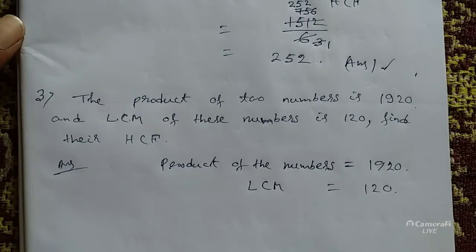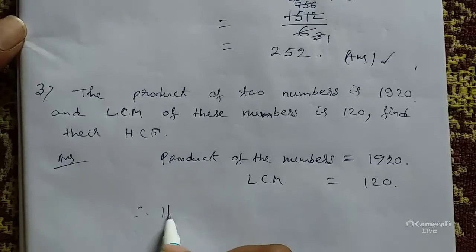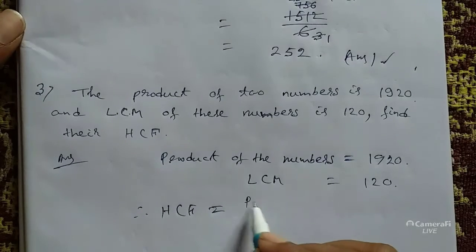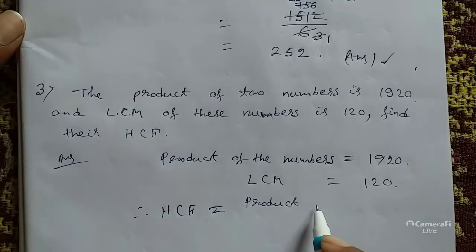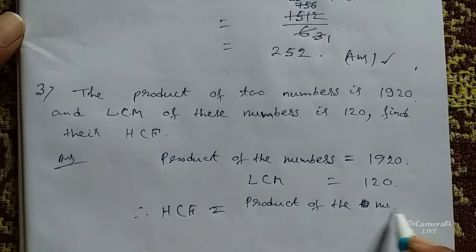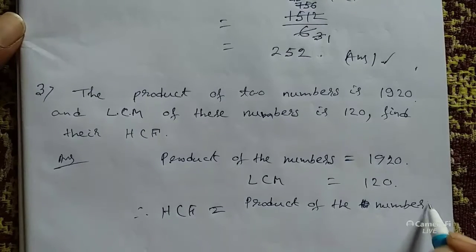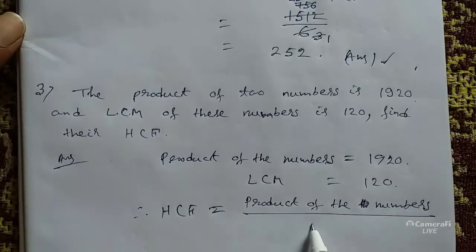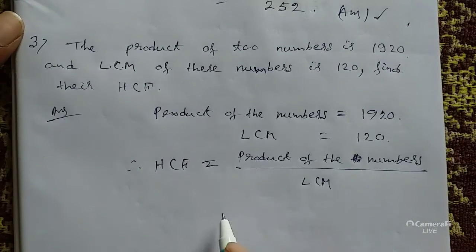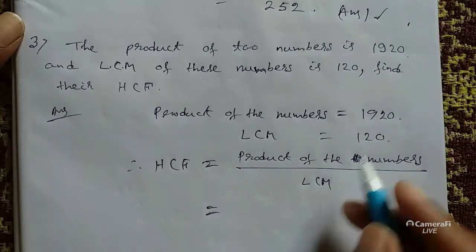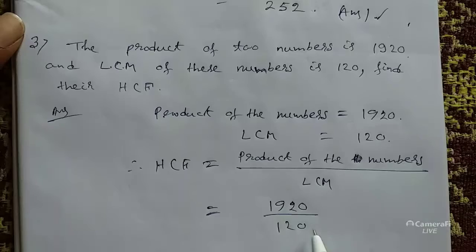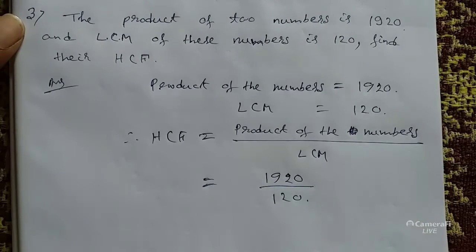We will find HCF, and there is a formula: HCF equals product of the numbers divided by LCM. So here the product of the numbers is 1920 and divided by 120.